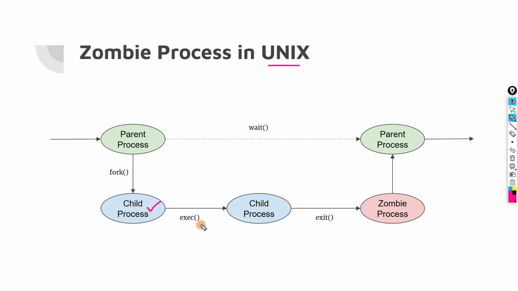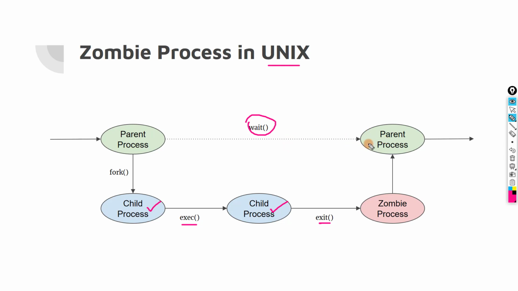The child process has called the exec function and is executing. Then the child process calls the exit system call, I mean, the child process has finished its execution, right? But the parent process still has not called the wait function.